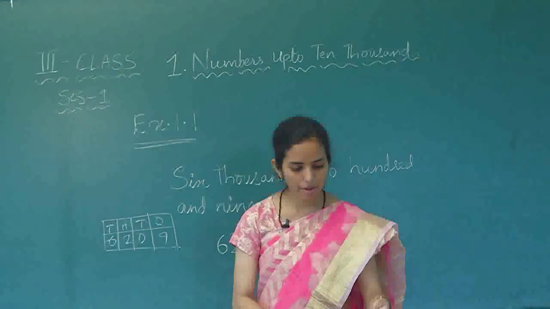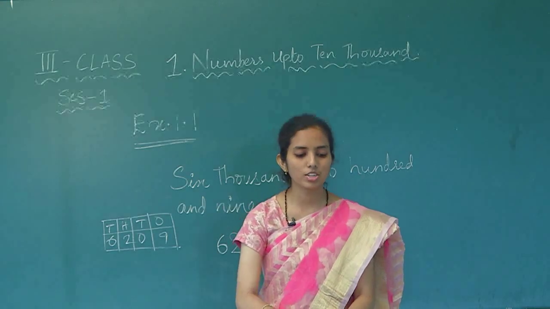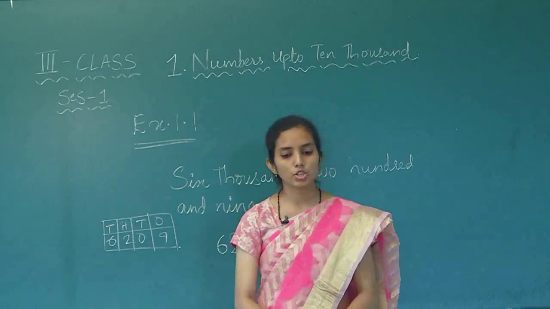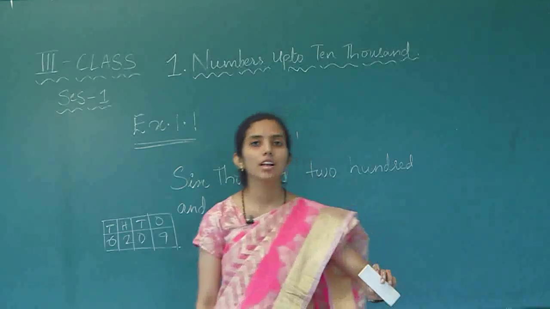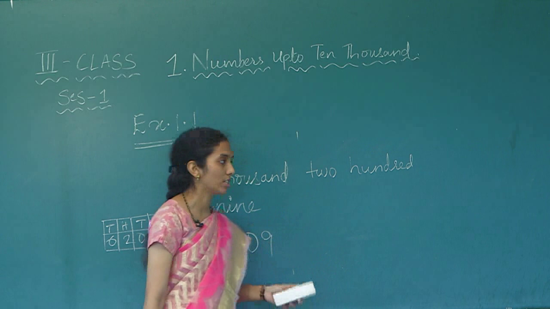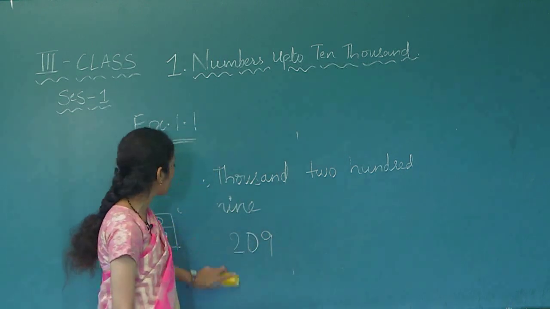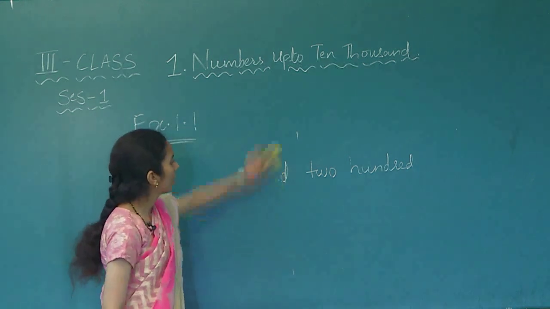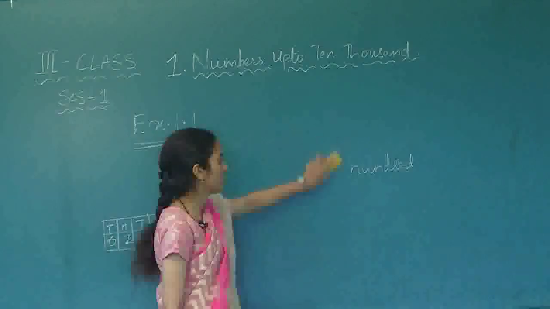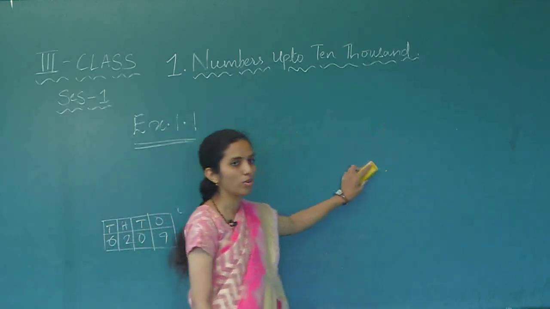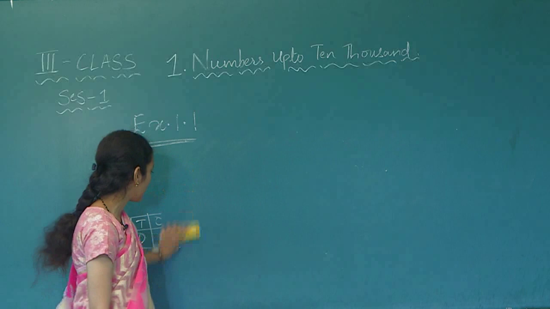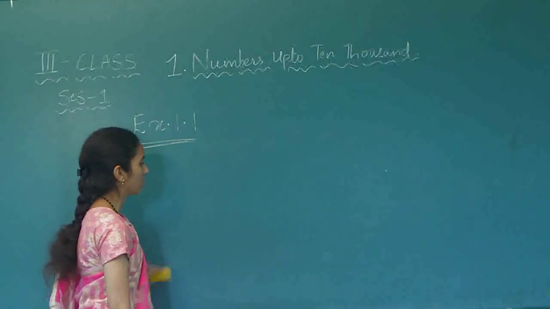Next, turn your page. Page number 12. What is given? Place value of digits. Do you know place values? Yes, you know place values. What are place values? Ones place, tens place, hundreds place, thousands place.